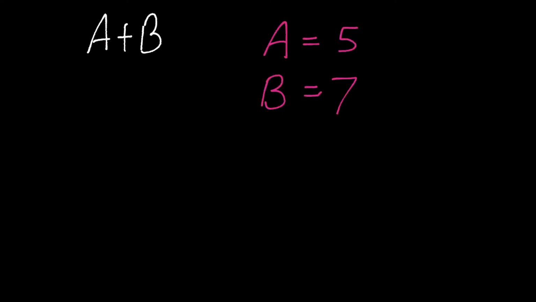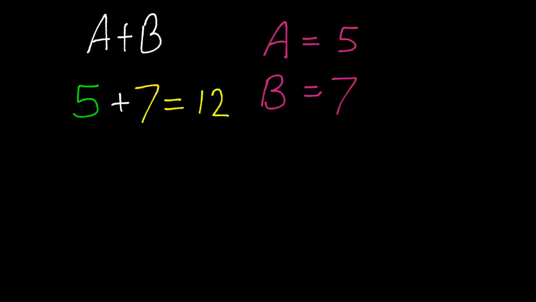A is 5, so instead of putting a there, I can rewrite this as 5 plus, now the same thing with b. Now that I know what b is, b is 7, so I can put in a 7. And then we can solve it. What is 5 plus 7? 12. So in this instance, if a is 5 and b is 7, it ends up to be 12.